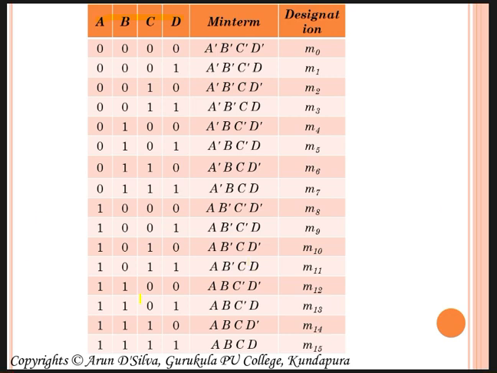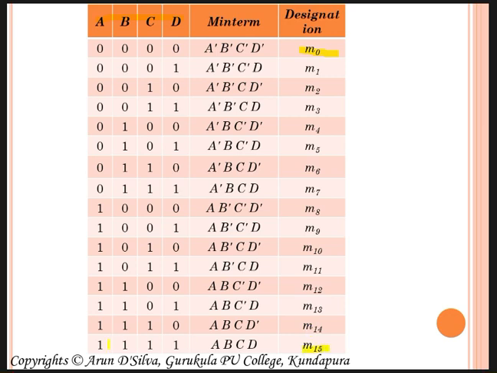See all the min terms and the designations, the decimal equivalent we have to see. The first, 0000, is m0. Similarly it goes 1, 2, 3, 4, 5, 6, 7, 8, 9, 10, 11, 12, 13, 14, 15.